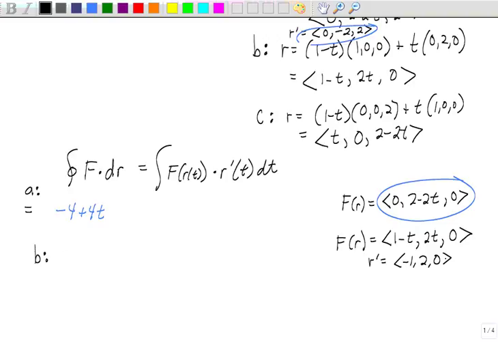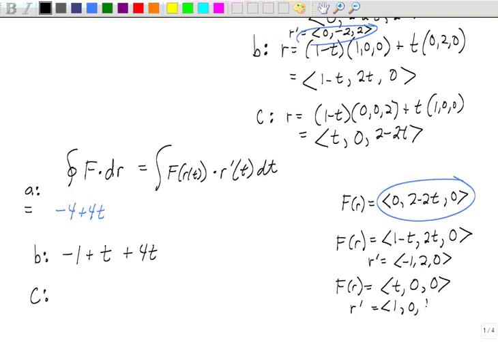So that's for curve B. When you dot those, you're going to get minus 1 plus t plus 4t. And then for C, I have f of r is x, y, x, y, z, and r prime is 1, 0, minus 2. I dot those, I just get t.